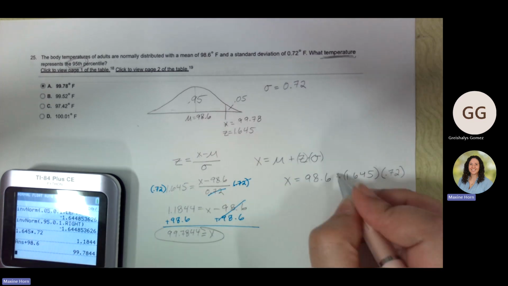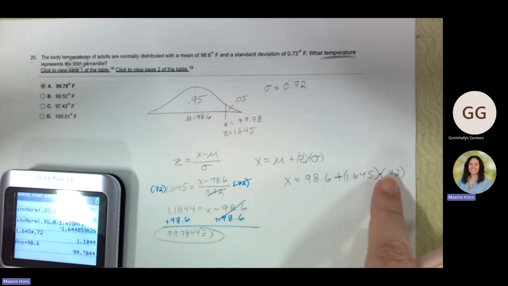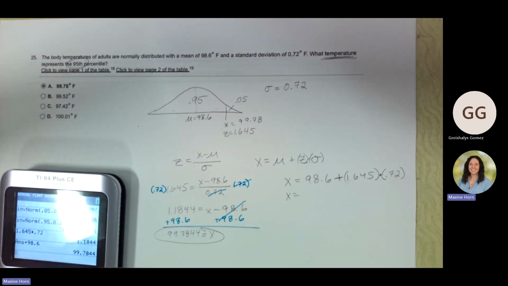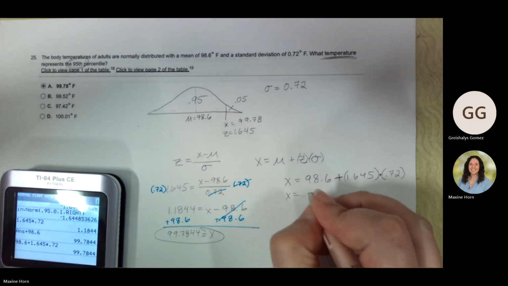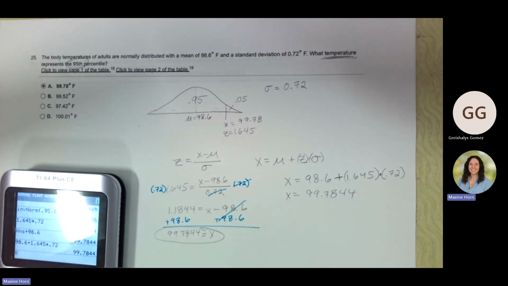So remember our order of operations. I have multiplication happening, I have addition happening. I need to do this multiplication first. Or you can just plug it into your calculator all at once. I get the same thing, 99.7844. Okay, so that's if we were doing it by hand.